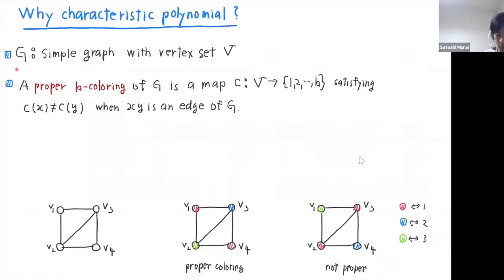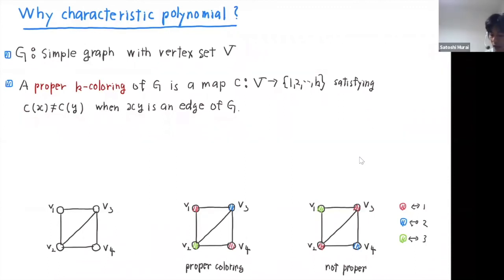Let's take a simple graph G with vertex set V. In graph theory, it is sometimes very important to consider the coloring of graphs. A proper coloring of the graph is a map c from the vertex set of the graph to the set of integers 1 to k, satisfying that c(x) is not equal to c(y) whenever xy is an edge of G.